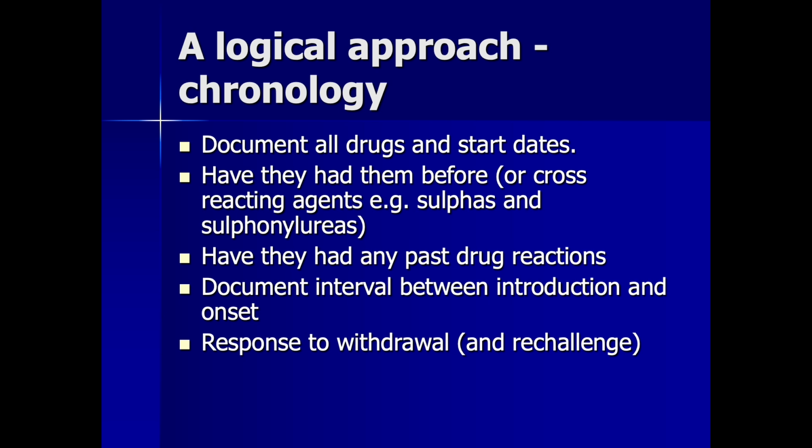As I say, document the interval between drug introduction and onset, and also determine what response there's been to withdrawal of the drug, and also has the drug ever been re-challenged. So determine the date of introduction of the drug, the latent period, and ask about previous drug reactions.